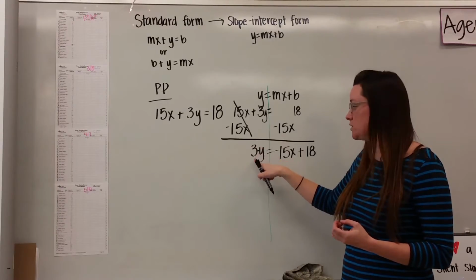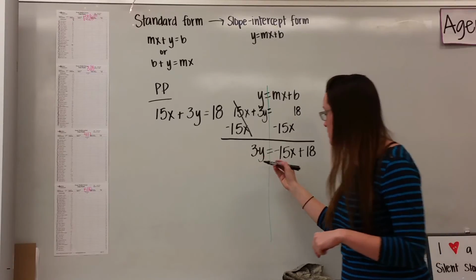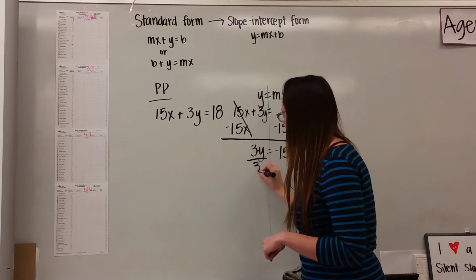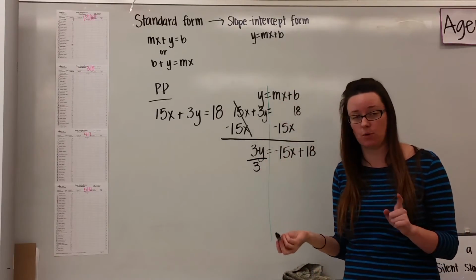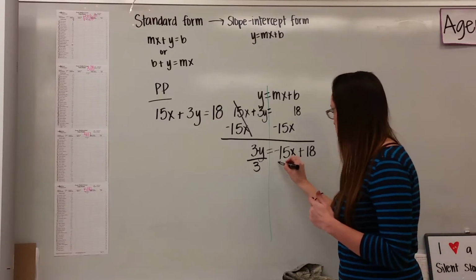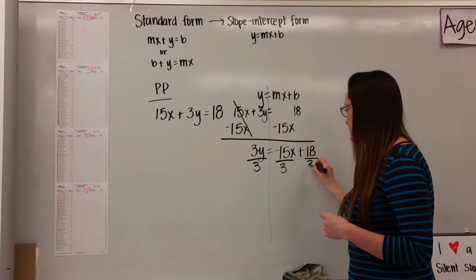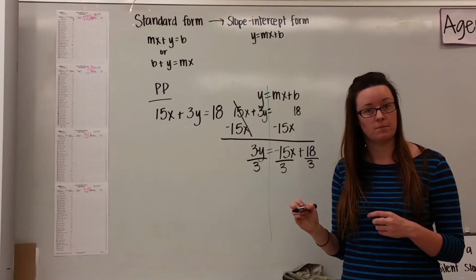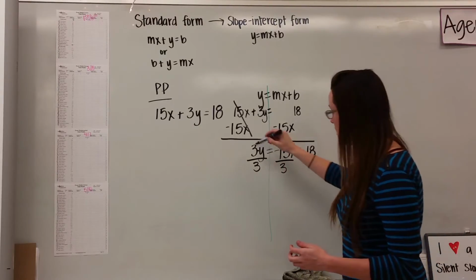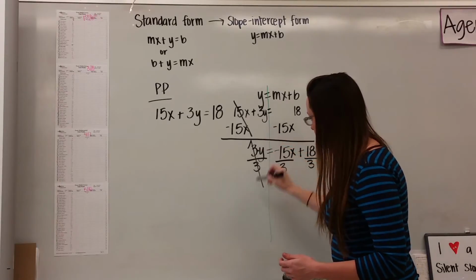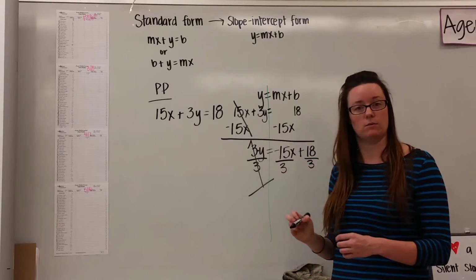Okay? So we are going to do the opposite. We are going to divide both sides and everything on both sides, that's the important part, by 3. So I'm going to divide this negative 15 by 3. And I'm going to divide this 18 by 3. Now the important part about this is that this becomes a 1, which is what we want.